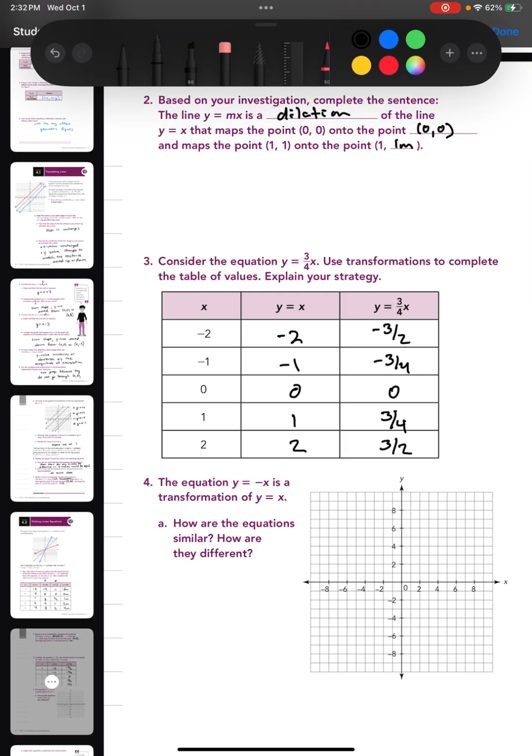If we were to graph those, we would see a line that was flatter, since 3/4 is less than 1, and it's going to produce a flatter line than the parent function.